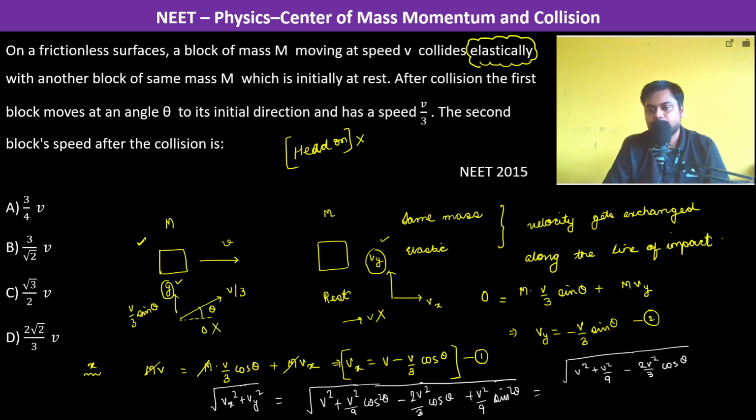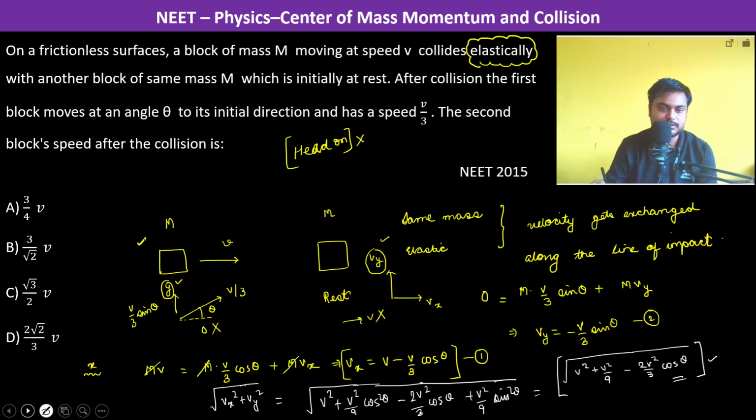Now one thing which has to be understood here is that we are getting this in terms of cos theta. The velocity will get exchanged along the line of impact, and it's an elastic collision. So in a collision which is elastic, we will also have conservation of energy.